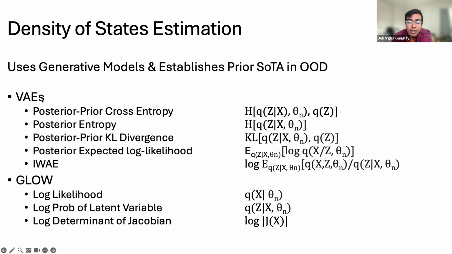So it will train a bunch of VAEs, or like one VAE, let's say, on your in distribution data, and then it would score, whether an in distribution sample is given or an out of distribution sample is given, what these metrics look like.